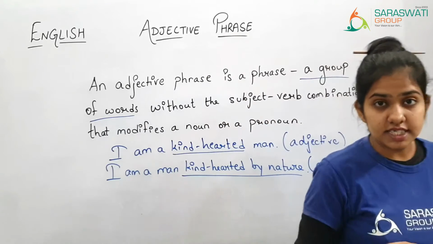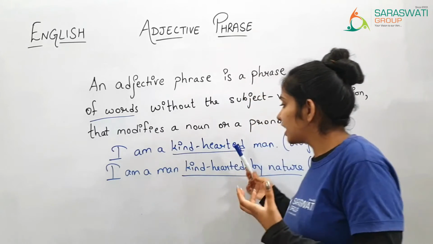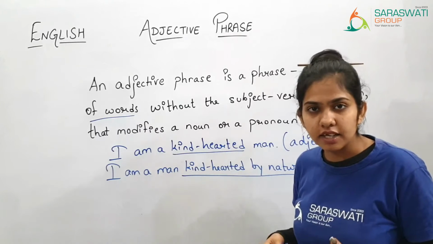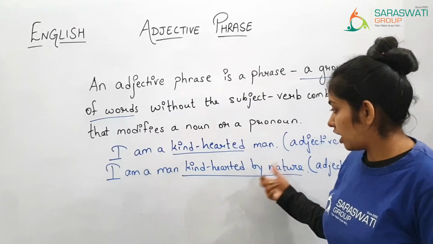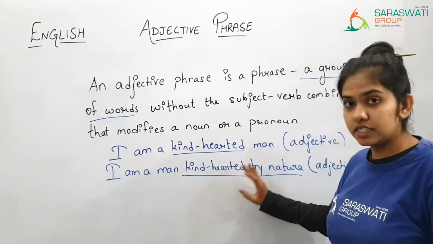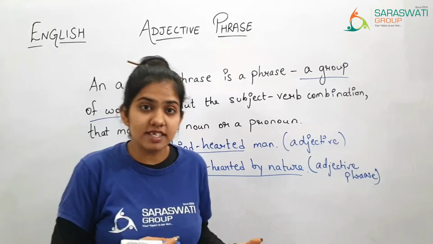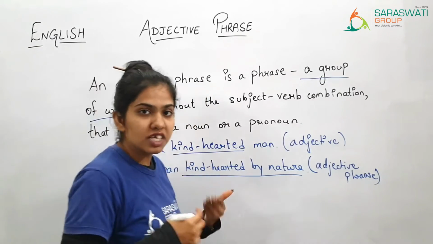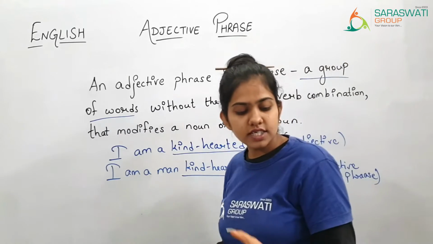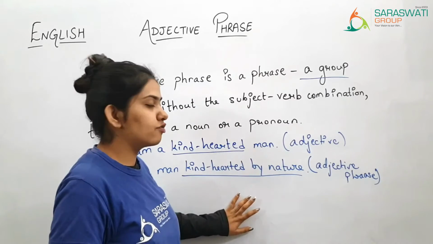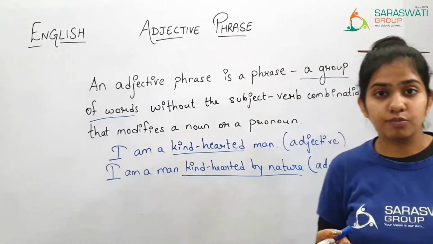How? See, in the first sentence, the adjective kind-hearted जो है tells us about the nature of a man, कि man का nature कैसा है वो हमें बताया गया कि man जो है वो kind-hearted है, right? और now in the second sentence, the group of words, एक पूरा का पूरा group बन गया है words, kind-hearted by nature tells us the same thing, कि उसका नेचर कैसा है, kind-hearted. So the group of words talk about the quality of the noun man, as an adjective, जैसे कि adjective बात करते हैं quality, right?